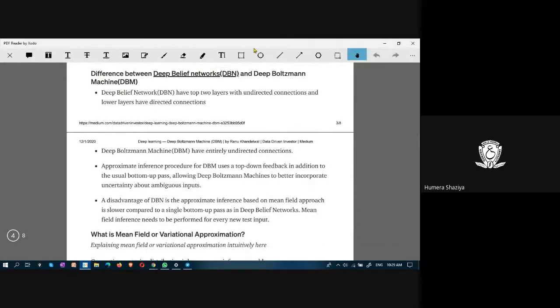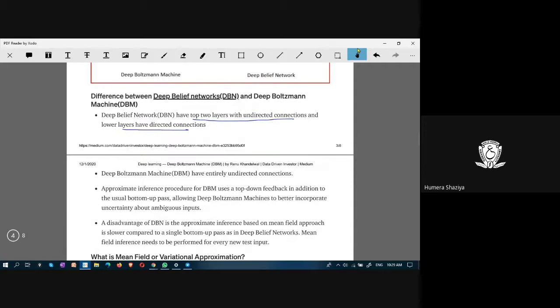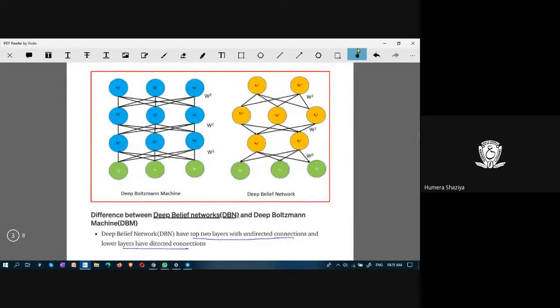Deep belief network has top two layers with undirected connections, and lower layers have directed connections. Here, these are directed connections, and these are undirected connections.